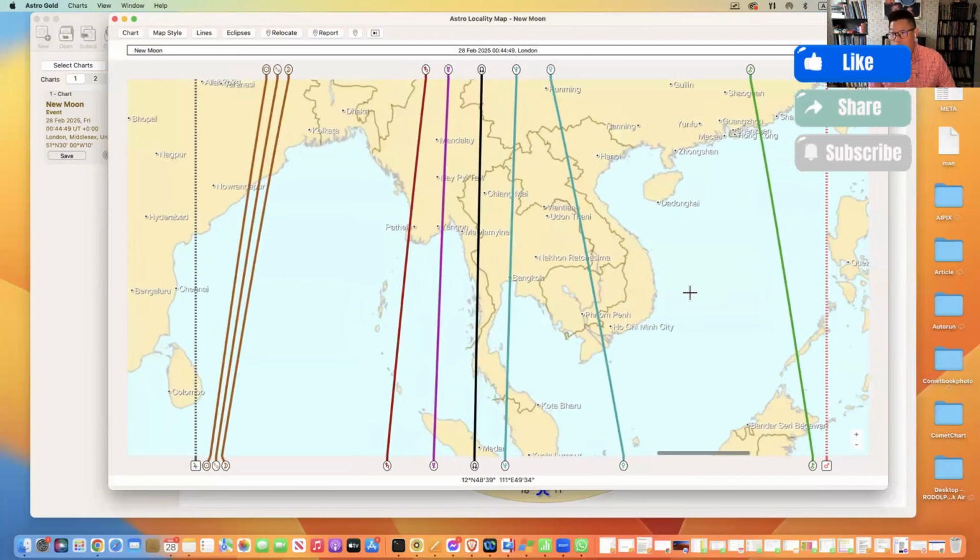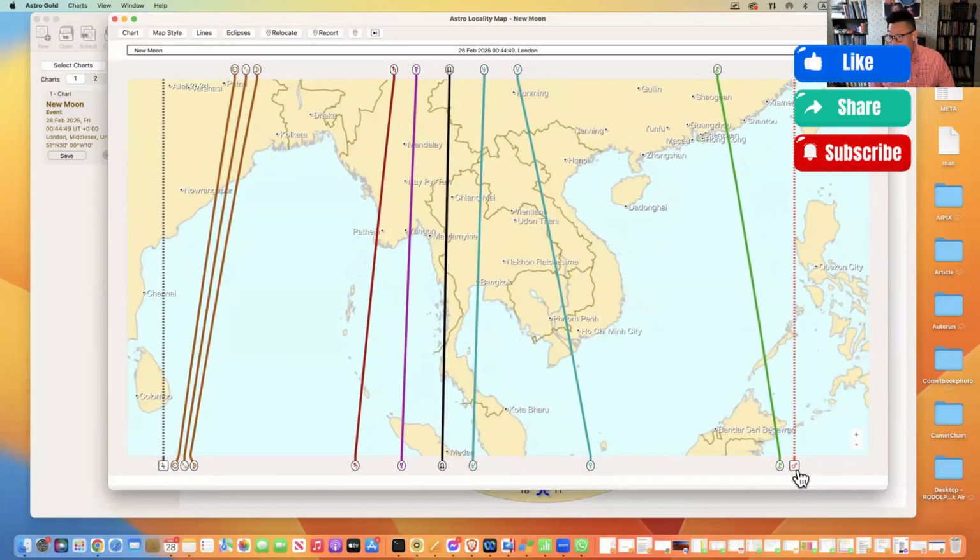Suppose I say, if I draw a chart near the Philippines, then Mars will be on the IC. If I draw a chart in Hong Kong, I will have Chiron on the ascendant. If I draw a chart in maybe Ho Chi Minh City, then Venus will be on the ascendant. If I draw a chart in Bangkok, then Neptune will be on the ascendant.